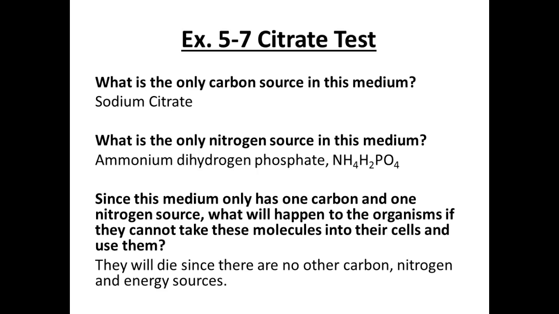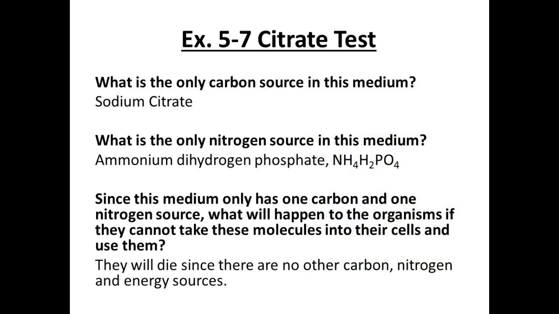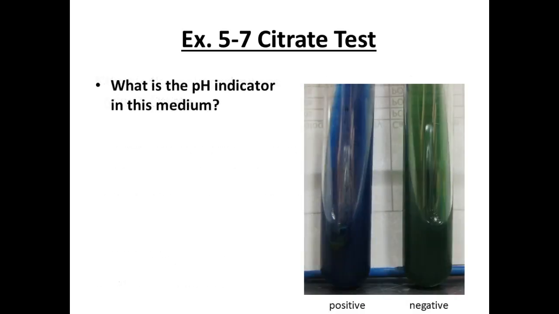So those of you guys that had green tubes, you probably didn't see any growth, and if you saw anything, it might have been a heavy inoculum that you put on there originally. Those of you guys that had a blue tube, you probably saw quite a bit of growth on that slant. So again, we have a pH change because when they use the ammonium dihydrogen phosphate, they're going to produce alkaline substances.